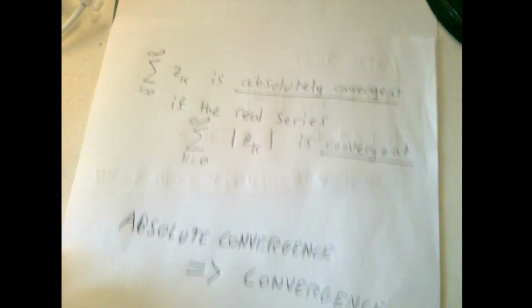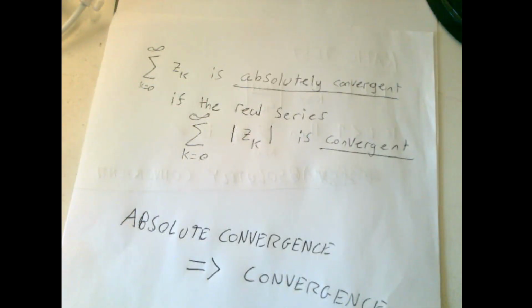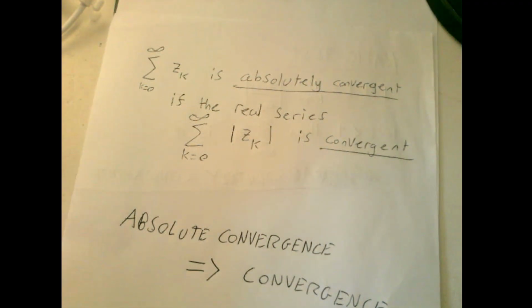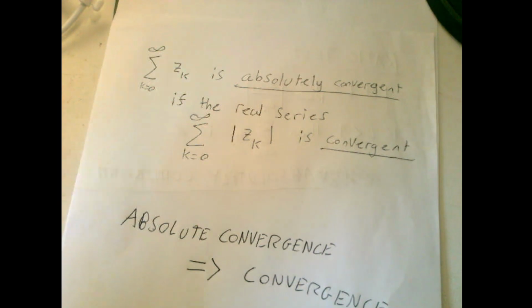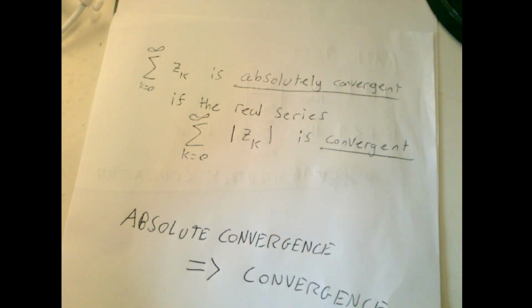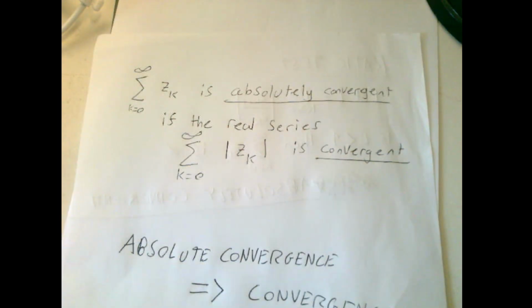Now, one thing to note about absolutely convergent series is that if an infinite series is absolutely convergent, we can rearrange the terms in the sequence without changing the summation itself. Now this seems quite obvious.